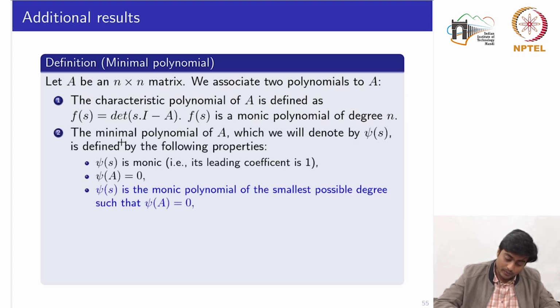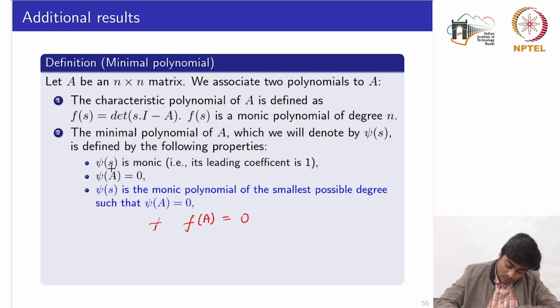Another polynomial is the minimal polynomial of A, which we will denote by psi of s, and is defined by the following properties: psi of s is monic, that is, its leading coefficient is equal to 1, and psi of A is equal to 0. If I put f of A, it is also equal to 0, so the minimal polynomial should also satisfy this property.